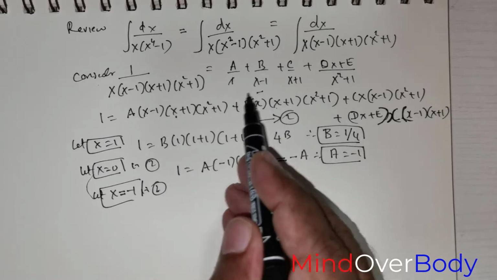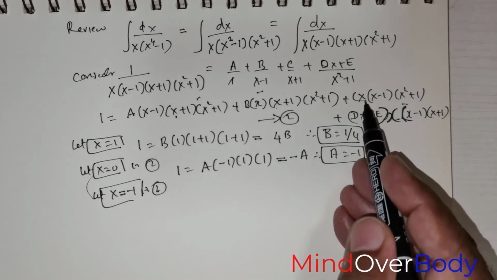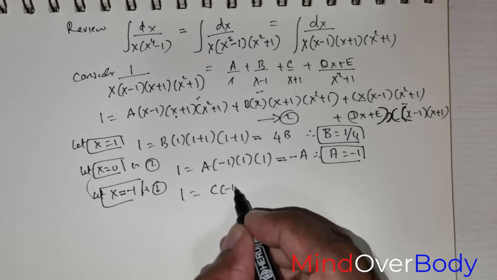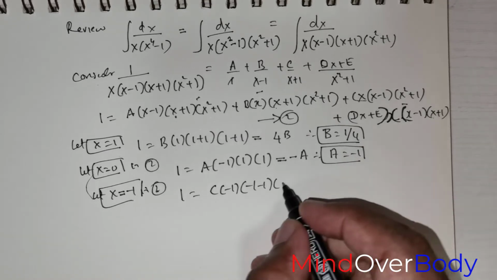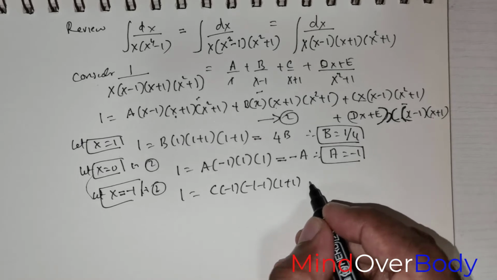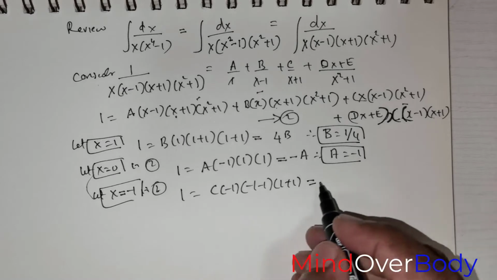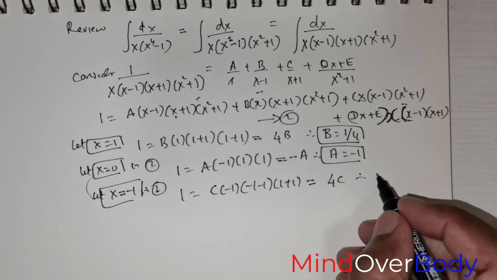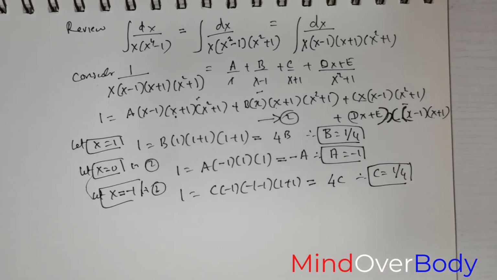So we have this going off, and this going off, but this will be there. So 1 is equal to c times (negative 1)(negative 1 minus 1), and this is positive 1 plus 1, which would give us negative 2 times negative 2, and with the 2 here, 4. So 4 times c, therefore c is equal to 1 over 4. So this is the value that we have got. That is perfectly fine.